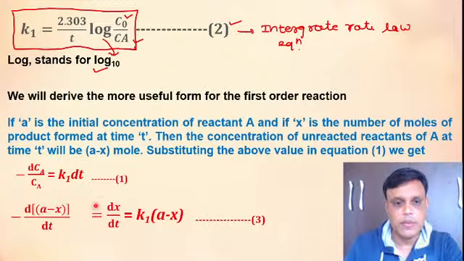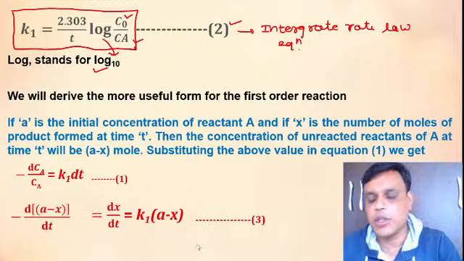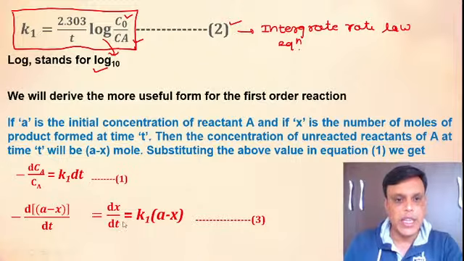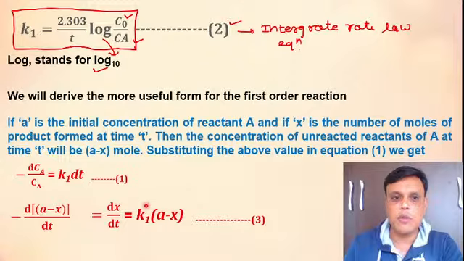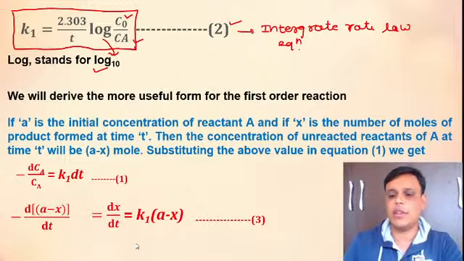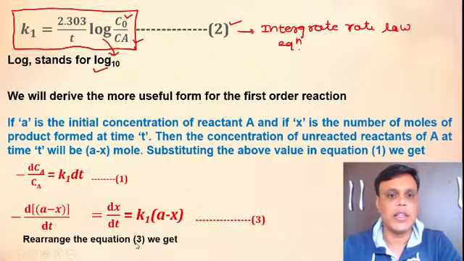We will take dx by dt is equal to k1 into A minus X. We will take this equation and solve it, and derive the more useful integrated rate law equation for a first order reaction by using this equation only. We will consider it in terms of concentration of product. Okay, let us start.